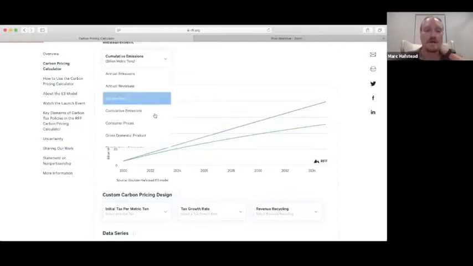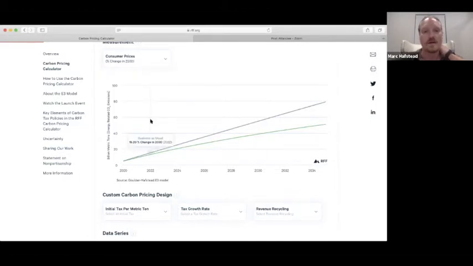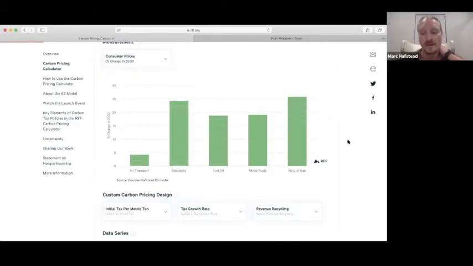Under this policy. So moving on, the calculator currently displays the percent change in consumer prices in the year 2030 relative to baseline. So this is not the change in consumer prices relative to today. This is the change in prices if we were in 2030 and we had a price versus if we didn't have a price. We've concentrated on energy-related goods: air transportation, electricity, fuel oil, motor fuels, and natural gas.